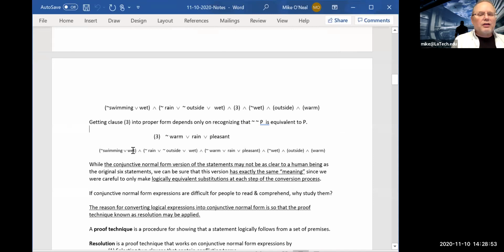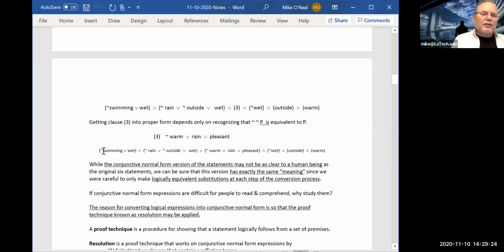we ended up with a conjunction, an anding of clauses where each clause is either a single propositional variable like outside or warm, or a single negated propositional variable like not wet, or a disjunction, an ORing of propositional variables where some of them may be negated and some of them may not be.